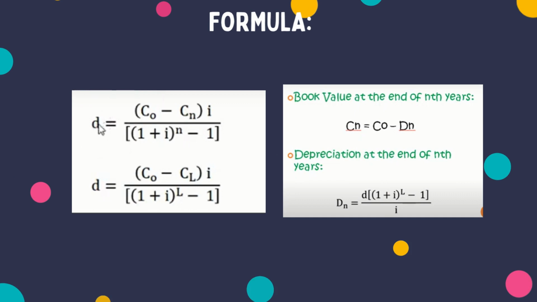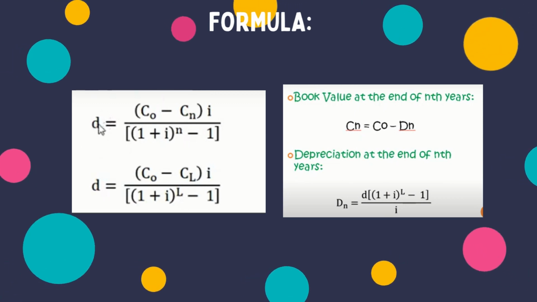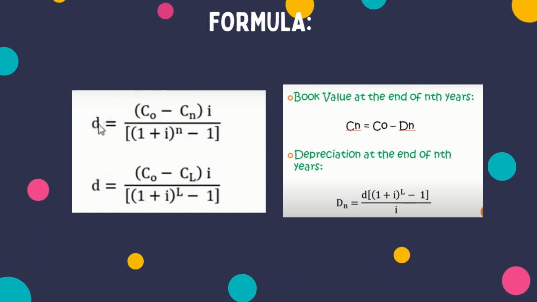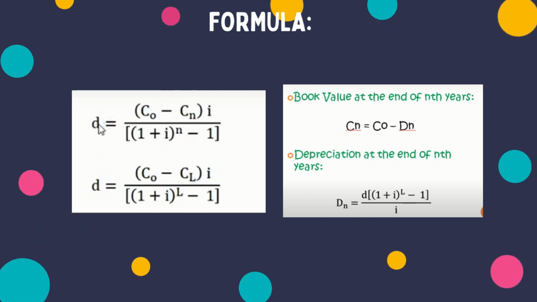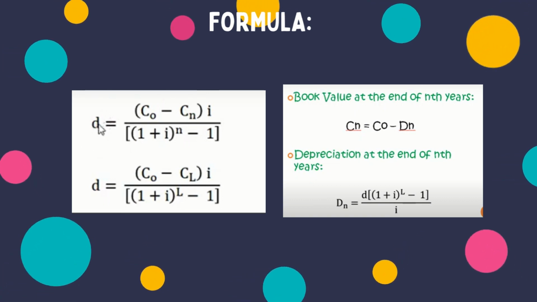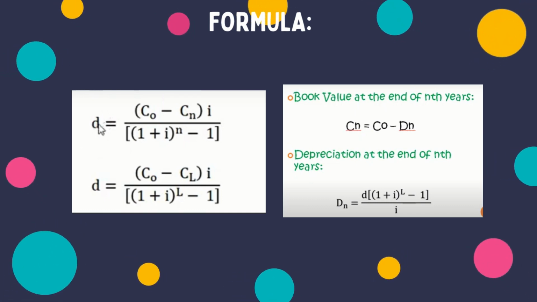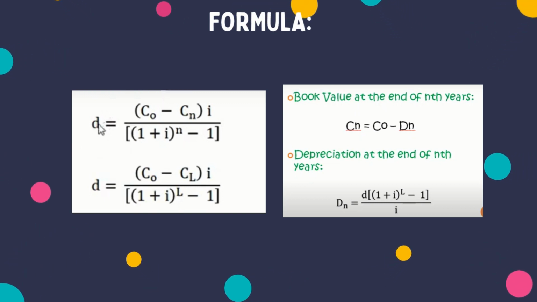So these are the formulas for sinking funds. d equals C sub O minus C sub N times i over (1 plus i) to the power of N, then minus 1. And next is d equals C sub O minus C sub capital L times i over (1 plus i) to the power of L, and then minus 1.